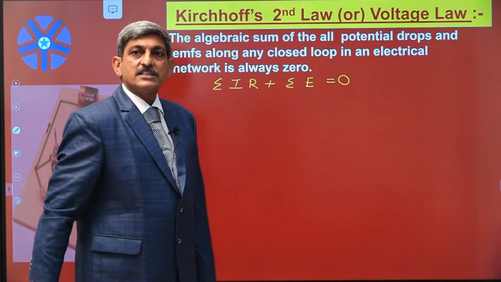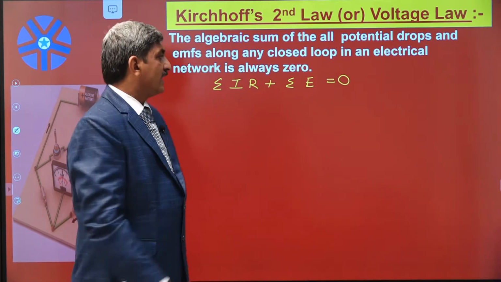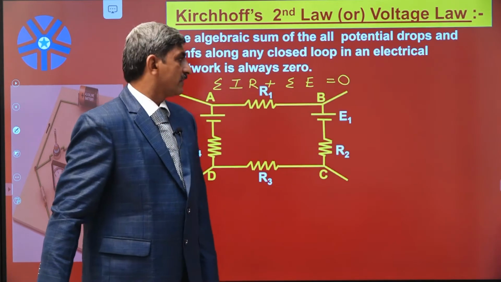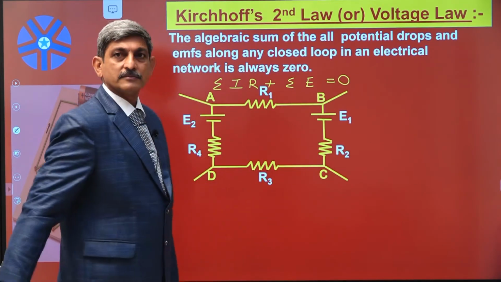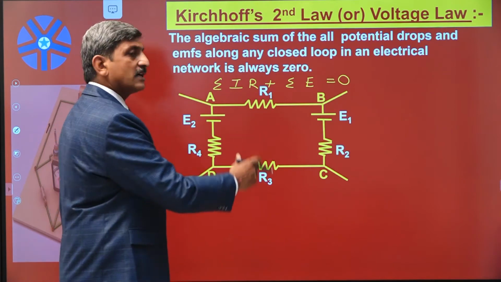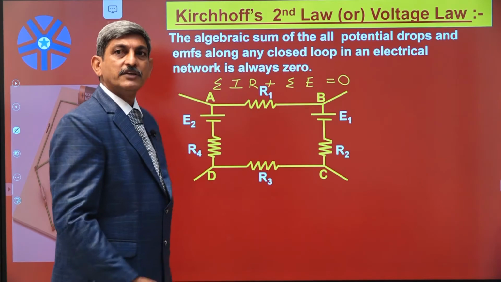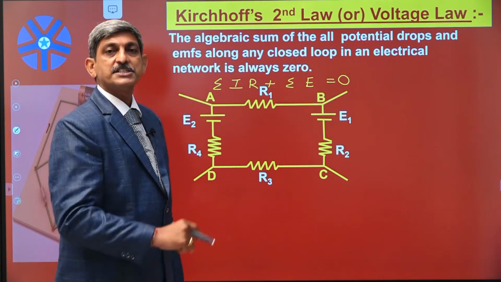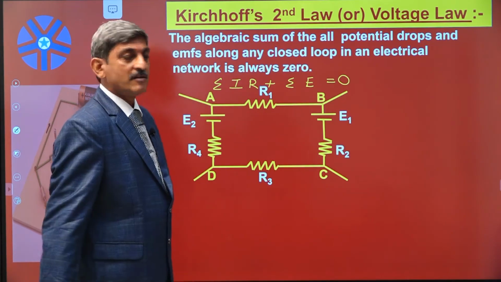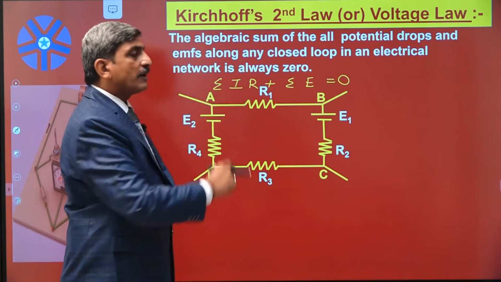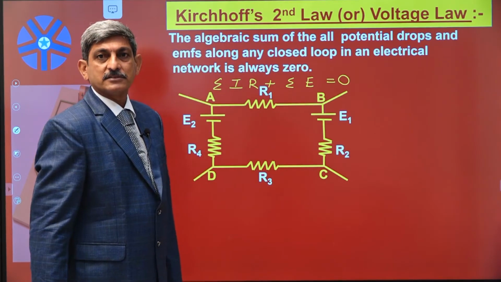Now, to understand this Kirchhoff's voltage law, let us consider a part of the electrical network as shown in the diagram. See here, the circuit contains 1, 2, 3, 4 branches. In the 4 branches there are 4 resistors and 2 batteries. For such a loop we are going to apply Kirchhoff's voltage law.